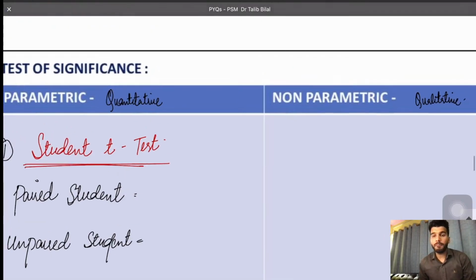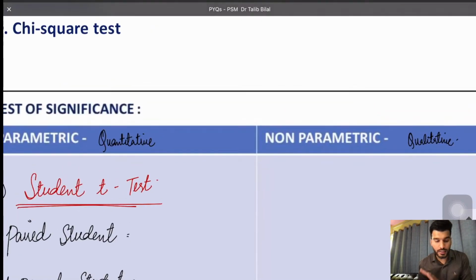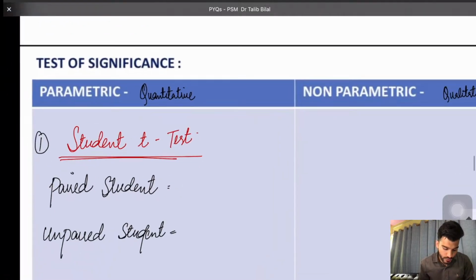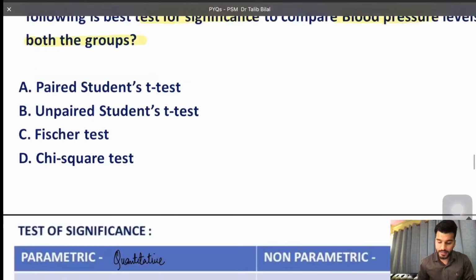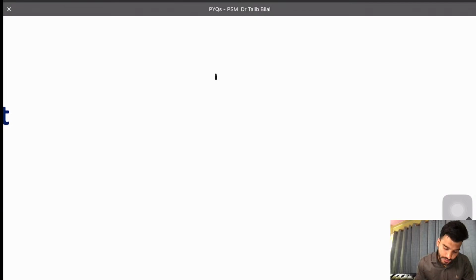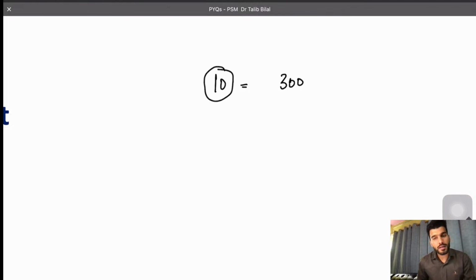Now, if before the intervention and after the intervention we have the same group, that goes with the paired student t test. For example, you have 10 people having cholesterol levels of 300. In these 10 people, you are starting a statin, a hypolipidemic, for example rosuvastatin.